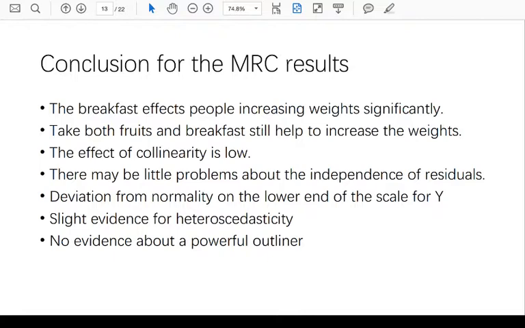We checked the regression and think the effect of collinearity is not so high, but there may still be little problems with independence of residuals and normality of the distribution of residuals. It also has slight evidence of heteroscedasticity, but we don't have evidence of a powerful outlier. So that's a good beginning for my research.